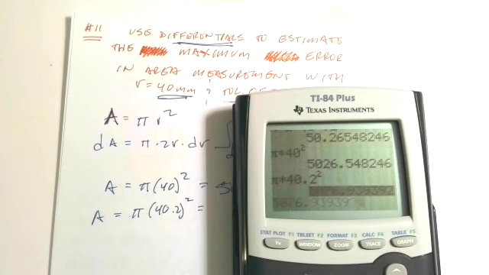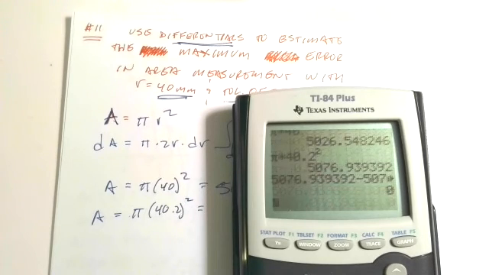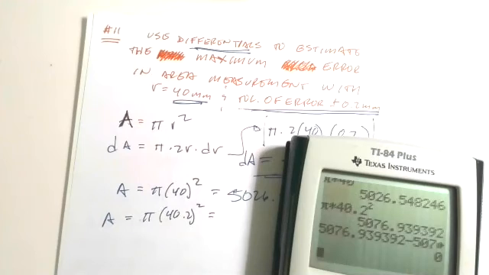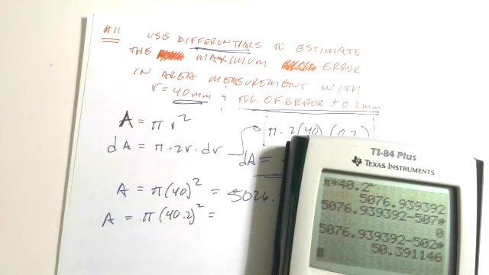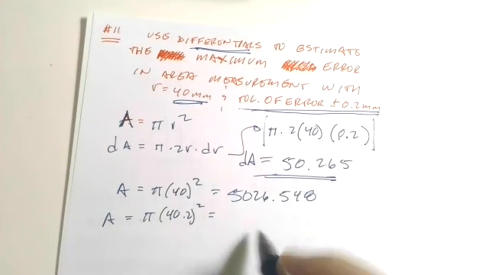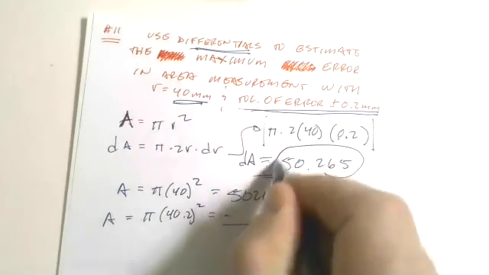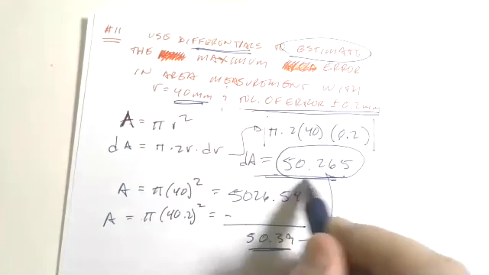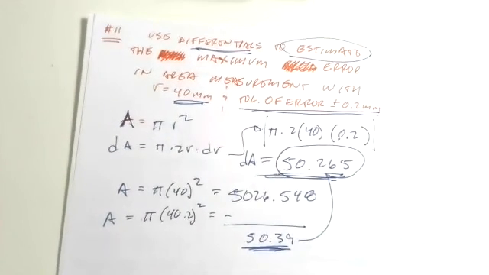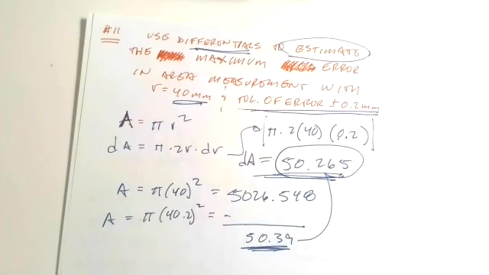We take this and subtract that, and we get 50.39. Remember, this is using differentials to estimate. So that's our estimate. This is what it actually would be. And you can see doing the differentials is a lot easier. So that's why we do that.